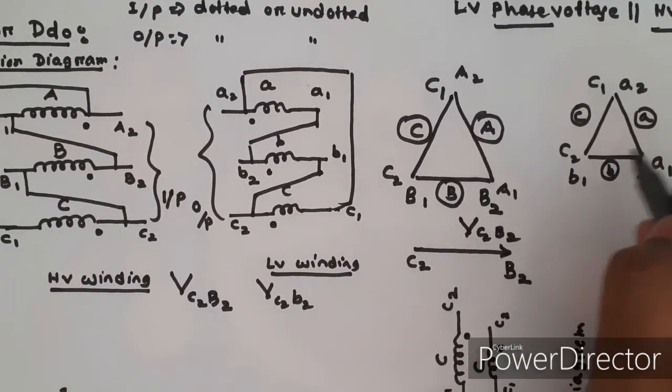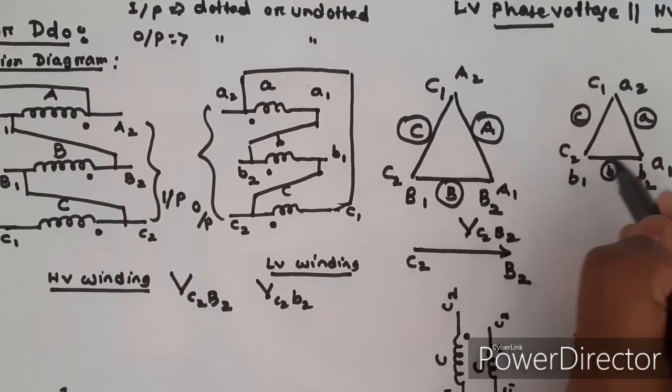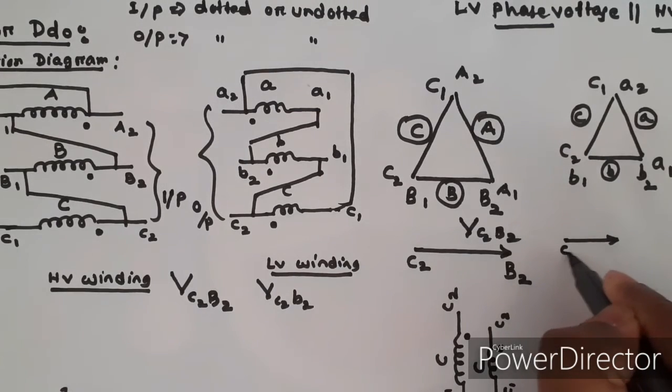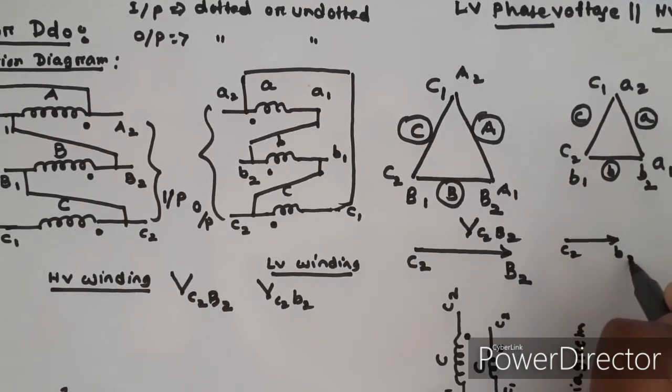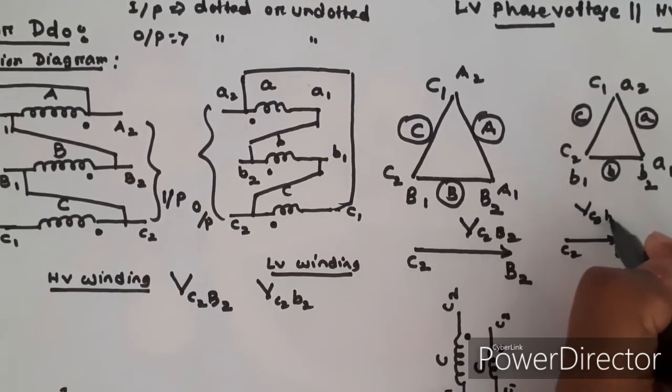And what is the LV line voltage? V of small c2 b2. This is C2 B2, and this in the same direction is small c2 small b2.